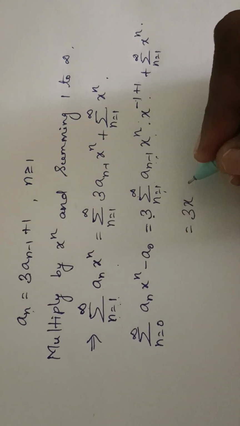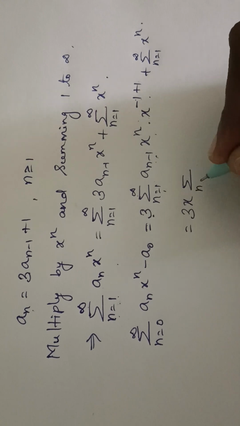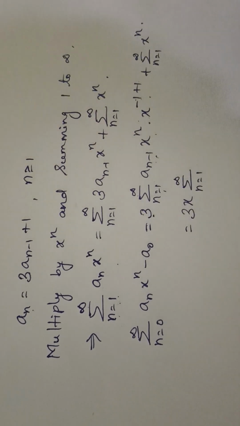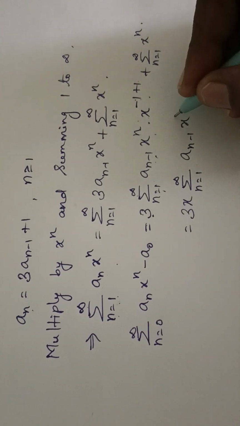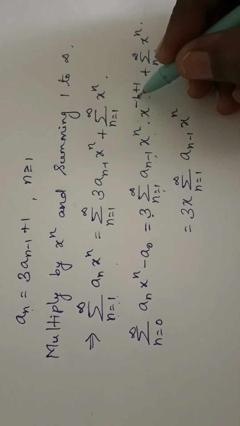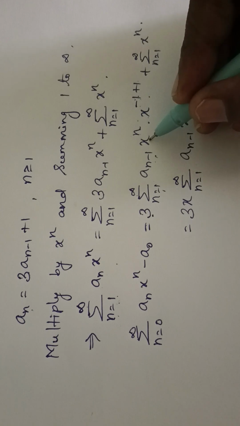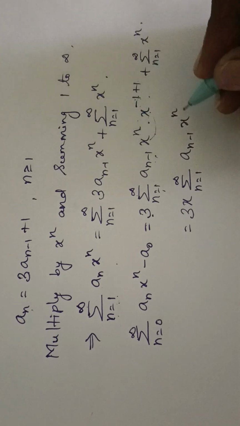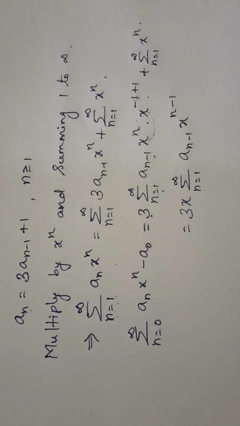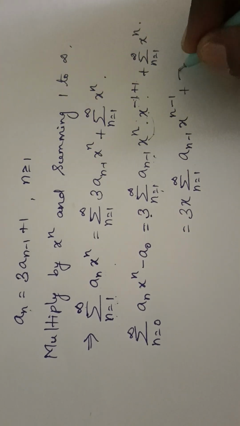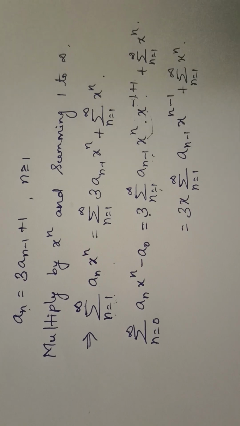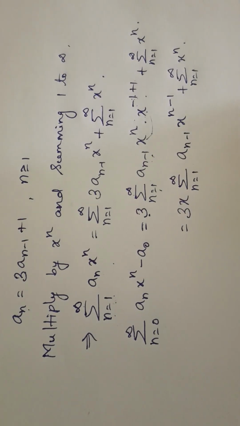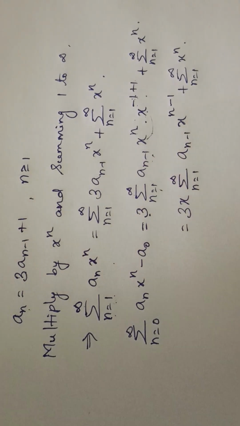So 3x summation n equal to 1 to infinity a n minus 1 x to the power n minus 1. Already I said same base, so powers can be added, so n minus 1. And the last term is summation n equal to 1 to infinity x to the power n. So this is our required generating function.